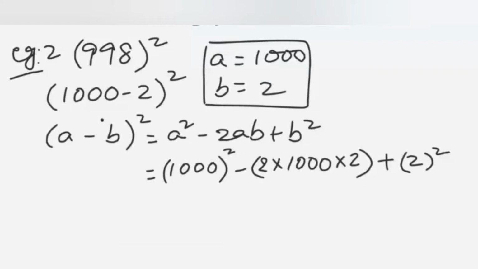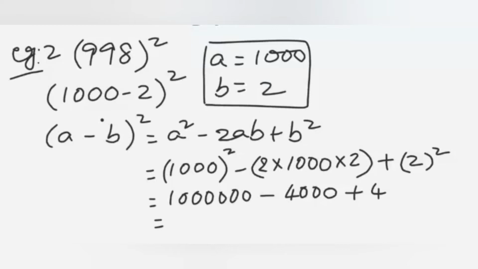Now let us simplify some more. 1000 into 1000 gives you 1 followed by 6 zeros, which is 10 lakh, minus 2 into 2, 4 into 1000 is 4000, plus 2 square means 4.